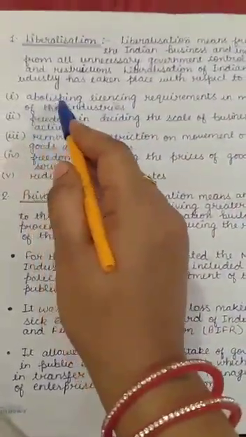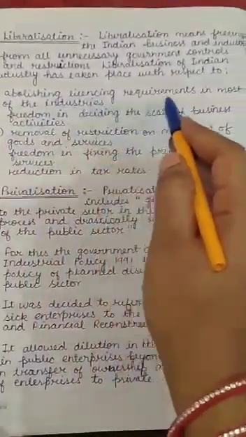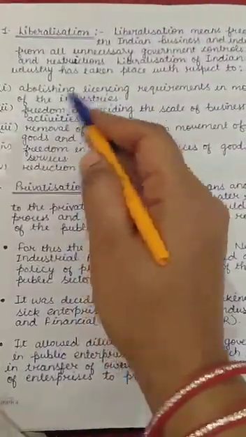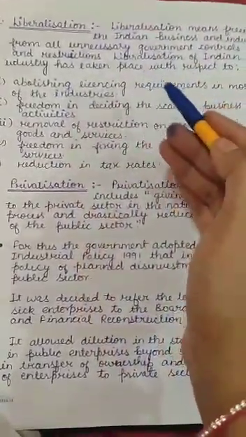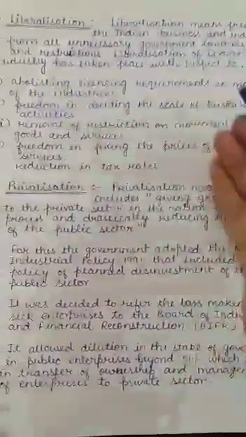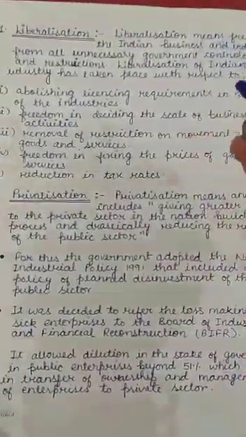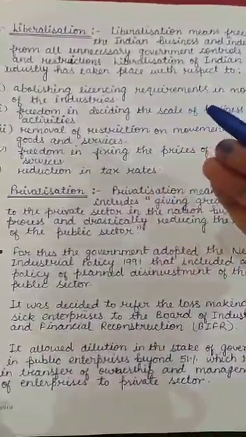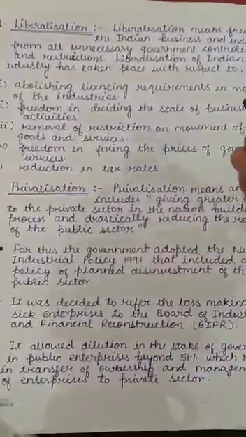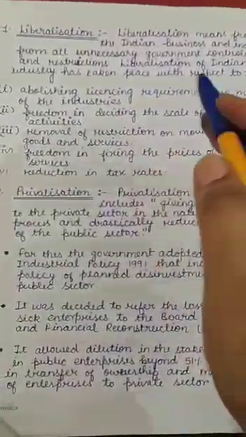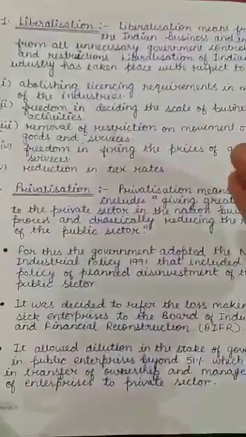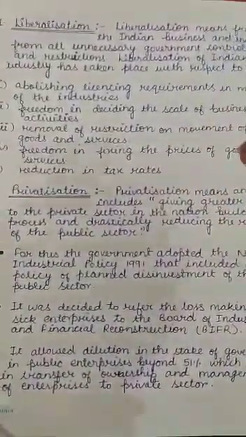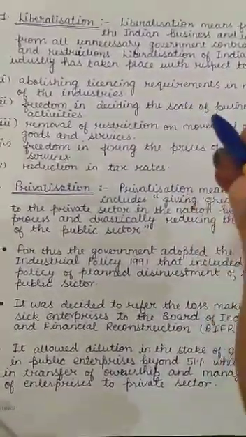The first step was abolishing licensing requirements in most industries. This means freedom to open or start production units without any licensing requirement, without unnecessary documents, and without unnecessary rules and regulations. Everyone could establish their own industries without any intervention of the government.